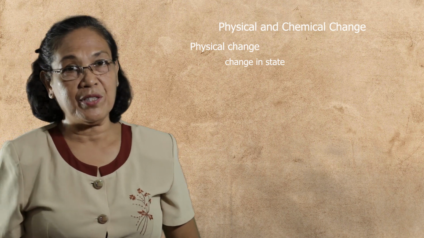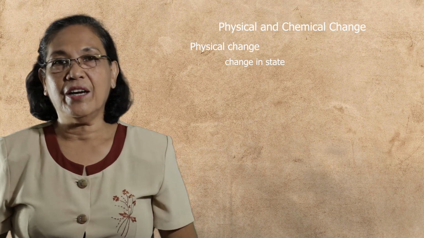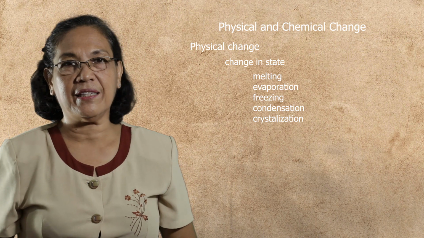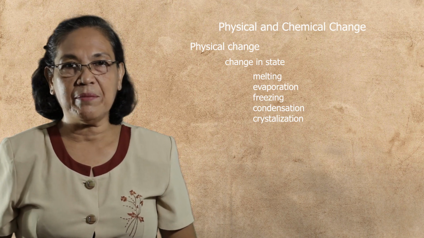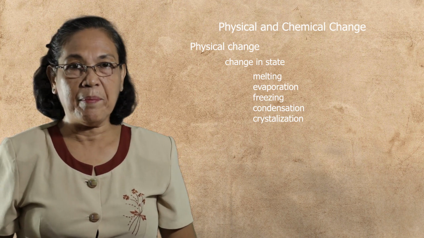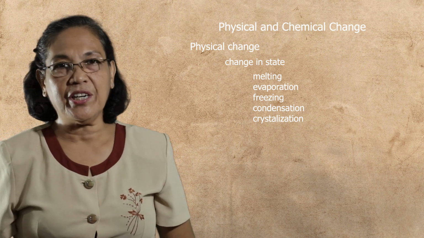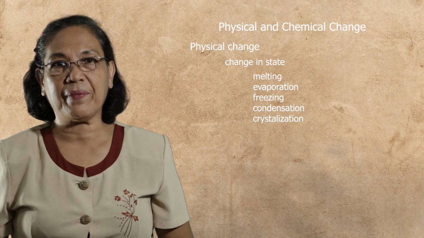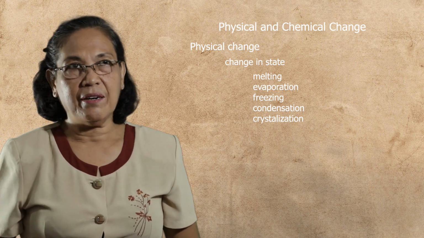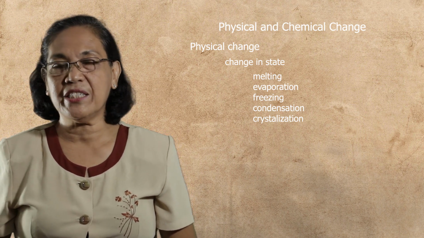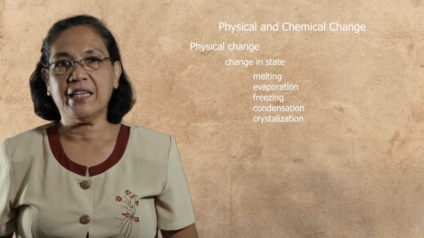What are some examples of a change in state? One is melting. When a solid becomes a liquid, that is called melting. Or freezing. When a liquid turns into a solid, it is freezing. Evaporation. When a liquid changes into a gas.